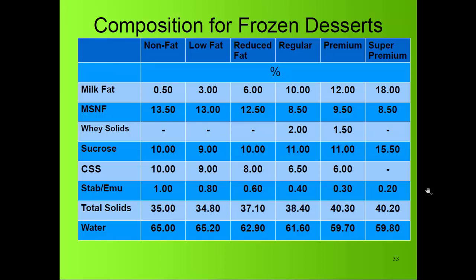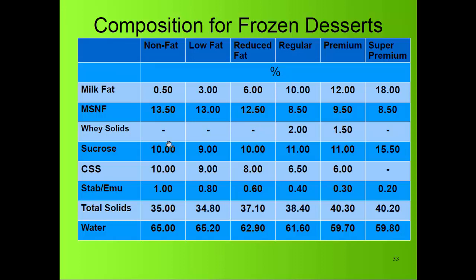So if we add up all the solids, the fat, the milk solids, not fat, the whey solids, the sucrose, the corn syrup, the stabilizers and emulsifiers, we come up with the total solids. Whatever's left is water. So for instance, in non-fat, we have about 35% total solids and about 65% water.